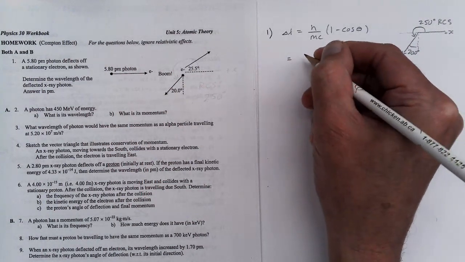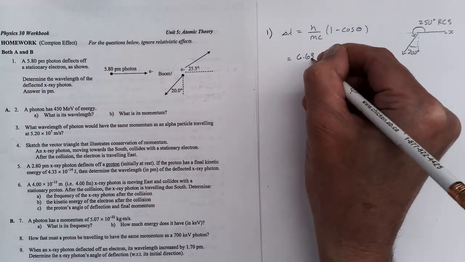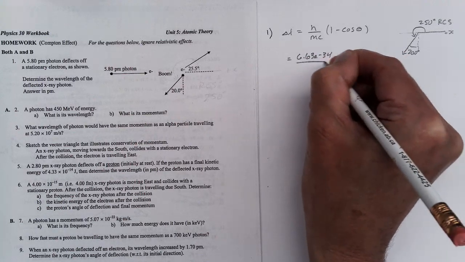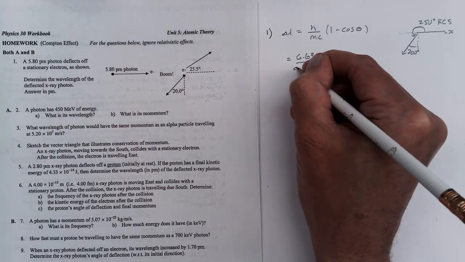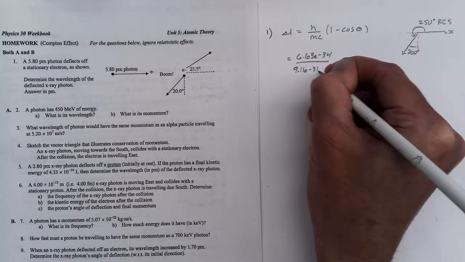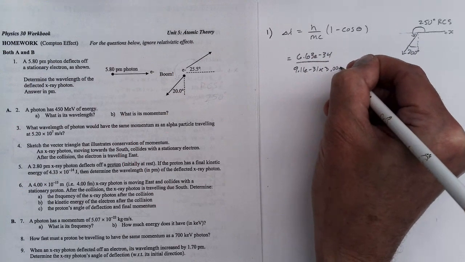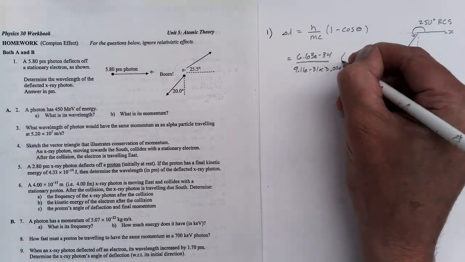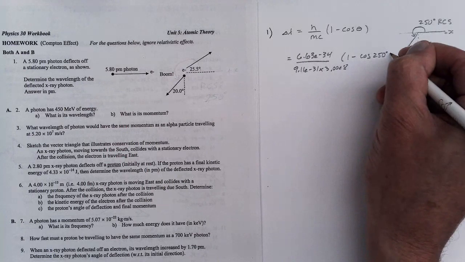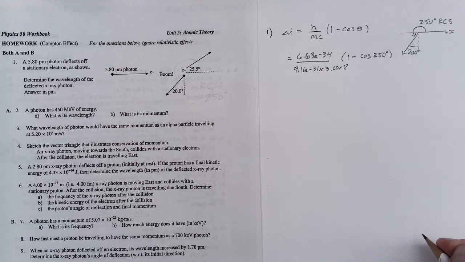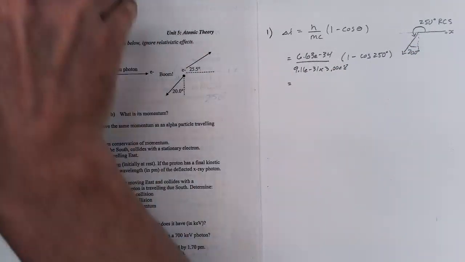All right, now let's go ahead and calculate this. 6.63 e negative 34 for Planck's constant, 9.11 e negative 31, 3 times 10 to the 8, and then 1 minus cosine 250 degrees. All right, change in wavelength.